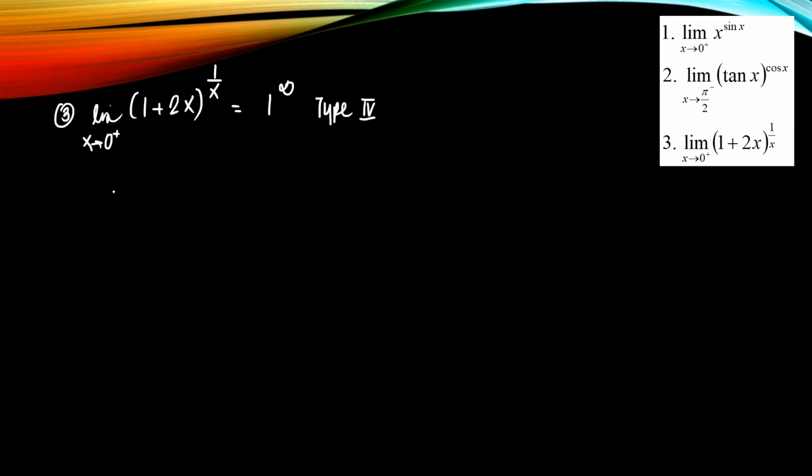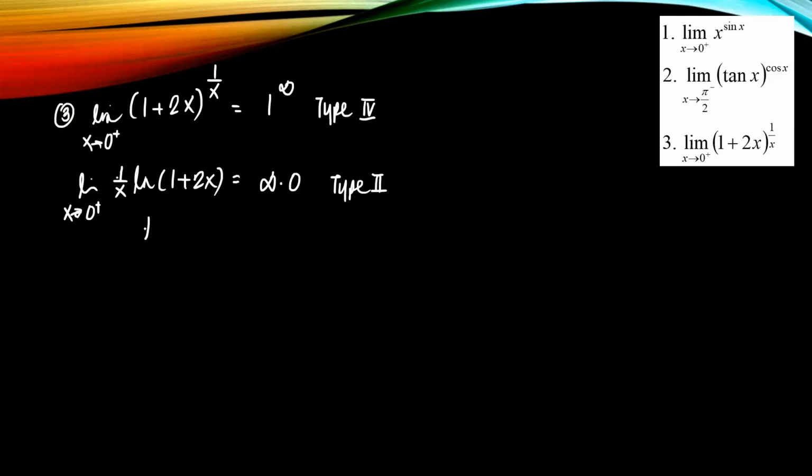So maybe what we do here is 1 over x ln of 1 plus 2x, right? We changed the form already. Okay. So let's apply. It becomes infinity times 0. It is a type 2.